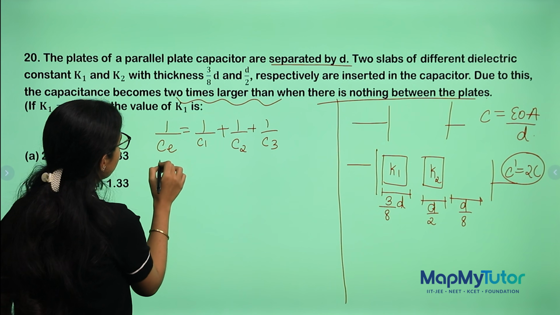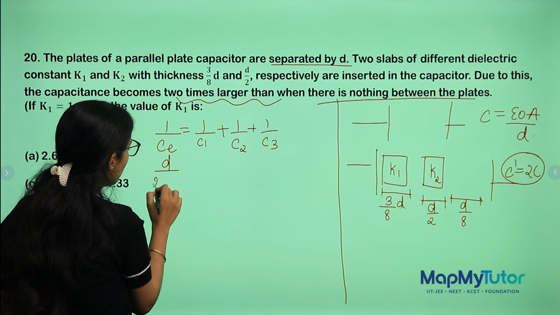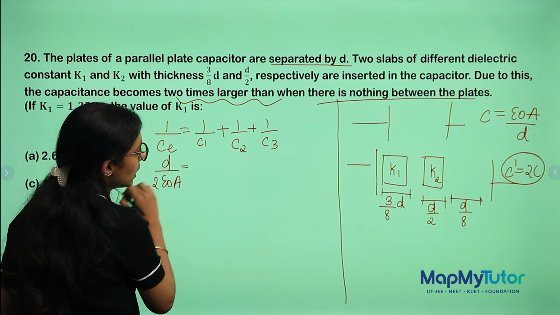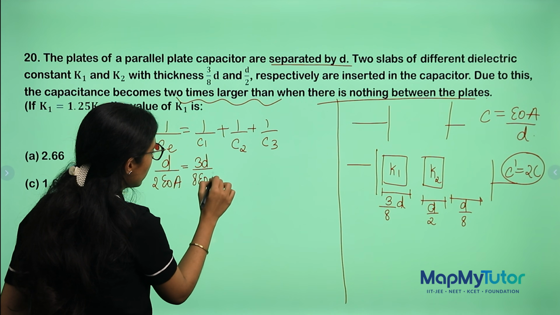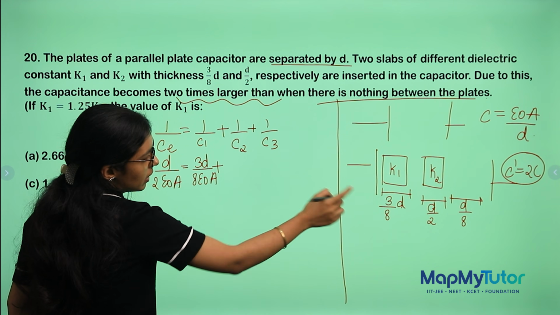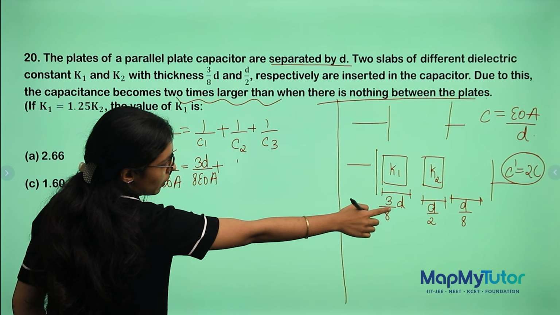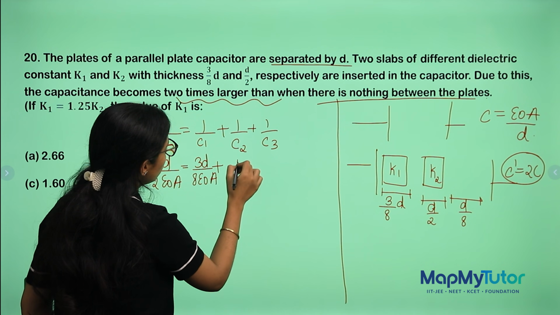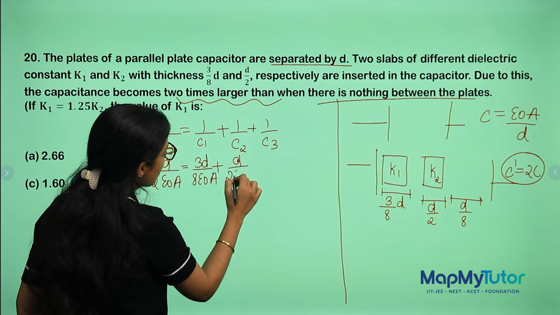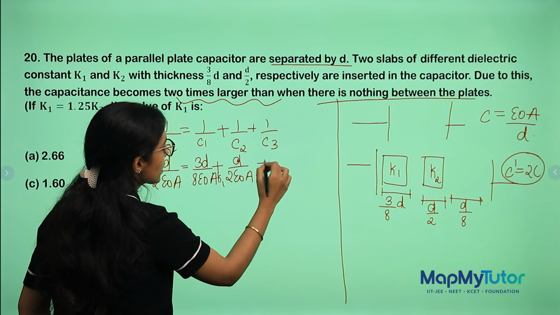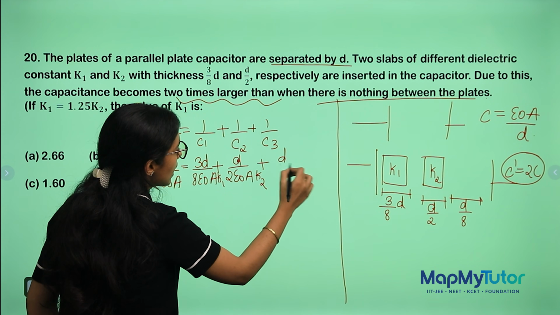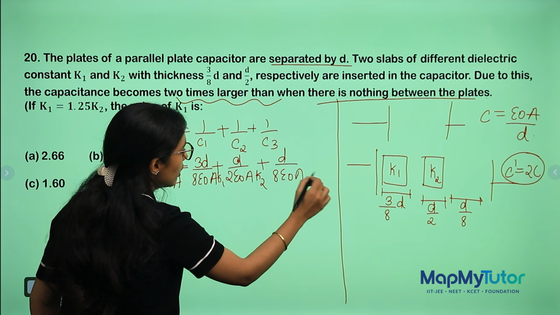Initially we have D by 2 epsilon naught A equals, for the first slab, 3D by 8 epsilon naught A, plus, for the second one, D by 2 epsilon naught A K2, as they have dielectrics, plus the final one, which does not have any dielectric, D by 8 epsilon naught A.